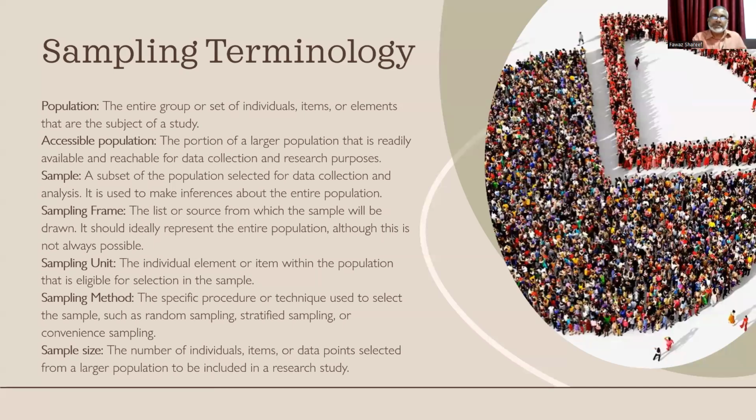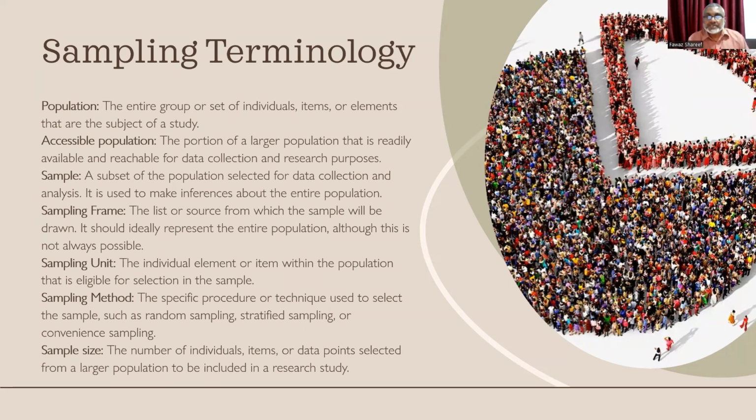They had some activities during that period. So that group was inaccessible to us during our research period. So our accessible population was the whole of Malay schools except that particular school. So that is accessible population.